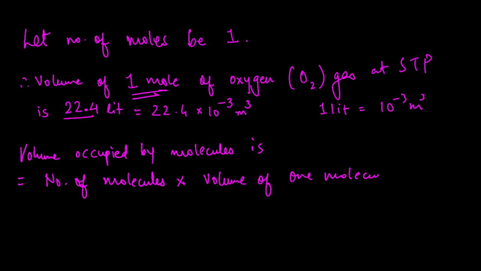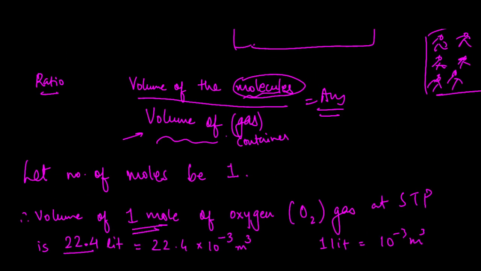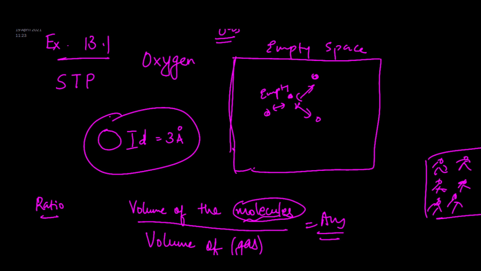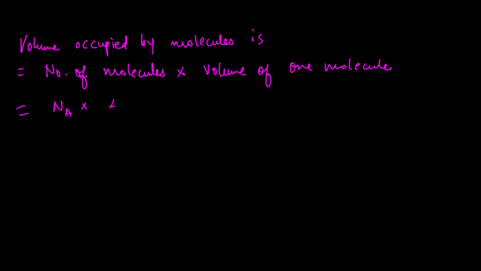I'm sure you understood that. So let's multiply. The number of molecules in 1 mole is the Avogadro number, N_A. And for the volume of one molecule, because in the question it is given that we have to take it to be a sphere of this much diameter, we will use 4 by 3 pi r cube.